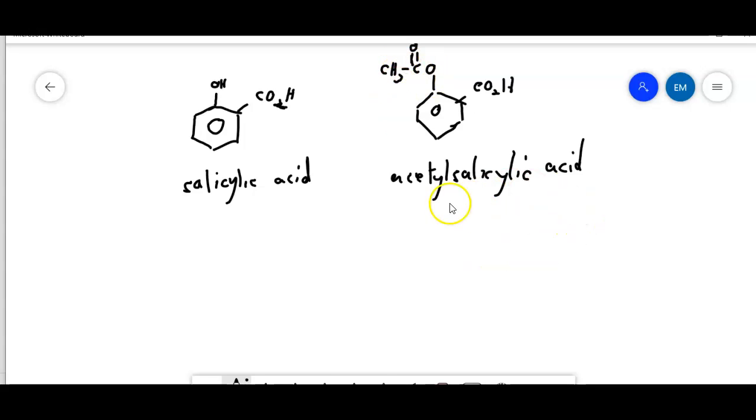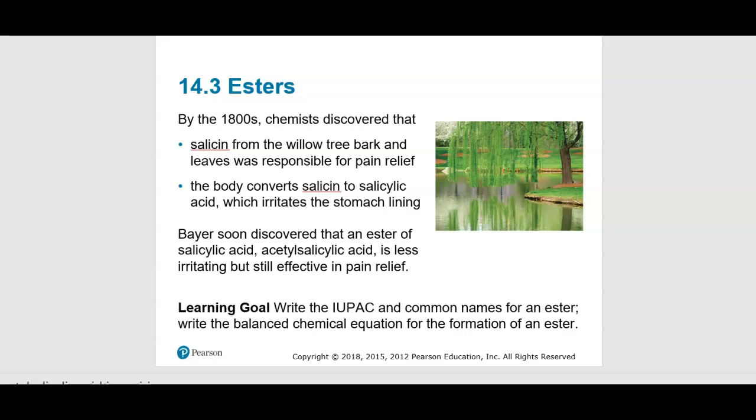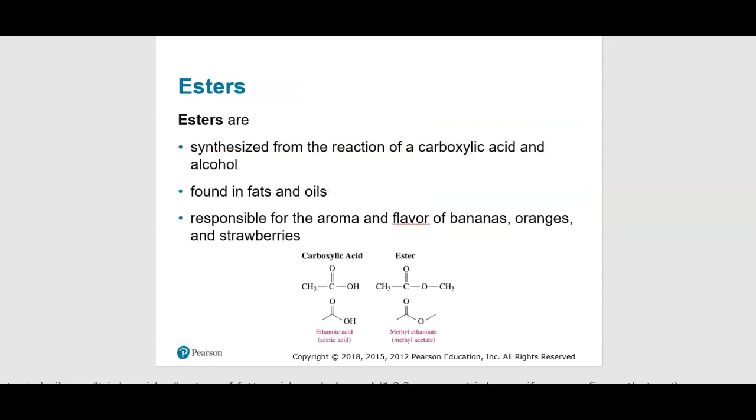This is not as bad, although aspirin is also rough on some people's digestive systems, but it's just a little aside there. So the acetyl salicylic acid is less irritating, but still a good pain reliever. And acetaminophen has some similarities, and it too is a pain reliever.